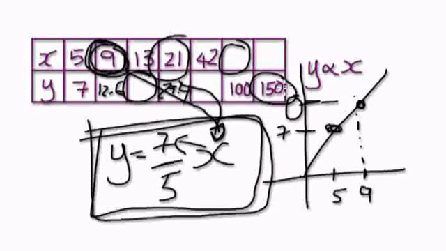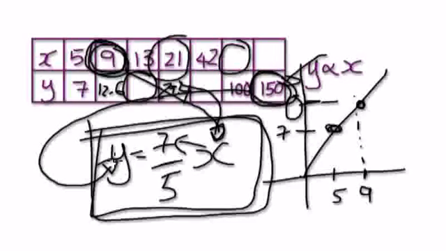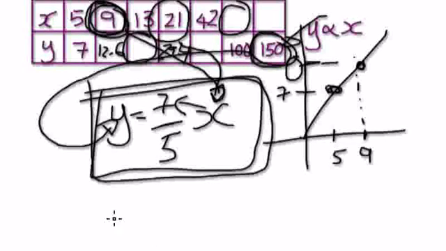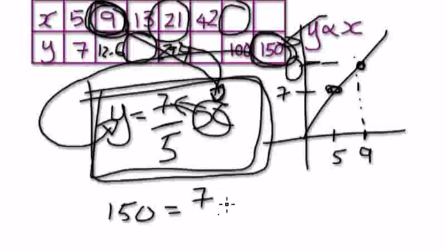Now if you want to know, let's say 150, well, don't forget this is your y here, so you would put the 150 into the y here. So it would be 150 equals 7 over 5 x. Remember the x gets multiplied to the top, so I'm going to visualize it like this. Now it's just a matter of you working out x.